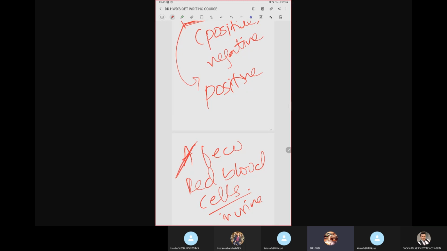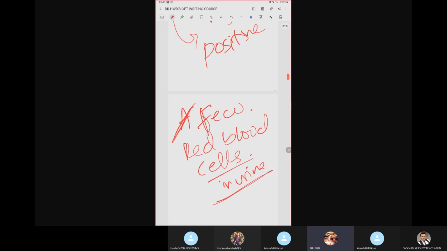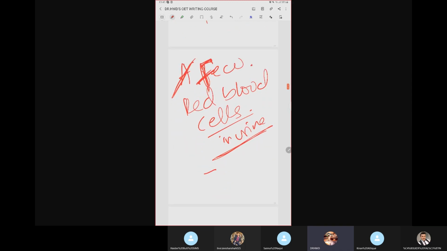So you would say few red blood cells were found because you know this is a bad thing, right? Finding blood cells in urine, that is bad. So whenever you're going to use a negative sense for something, you're going to say either few or little alone. But if you want to give it a positive touch, you'd be using a with it. Is it clear?